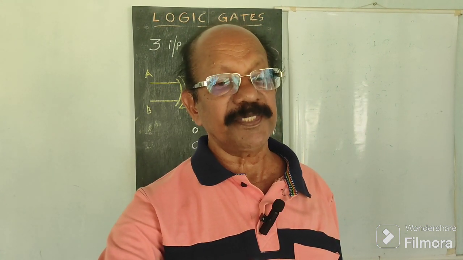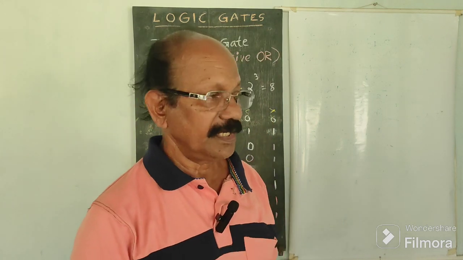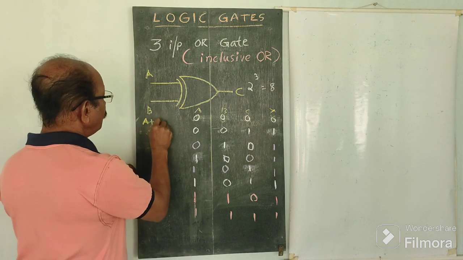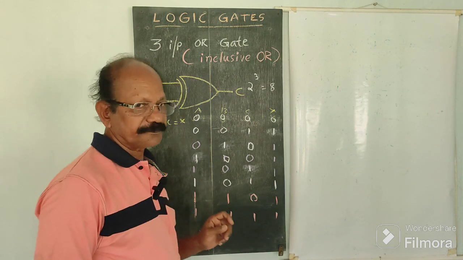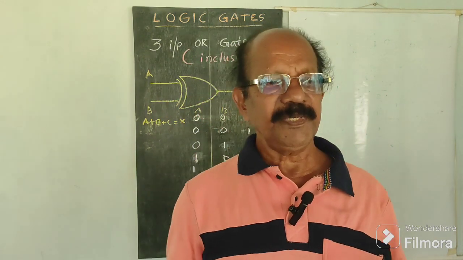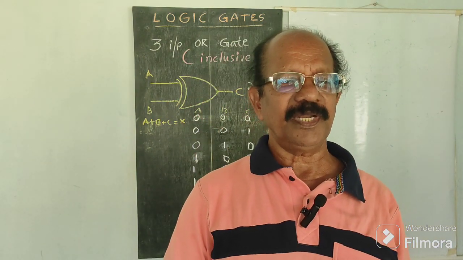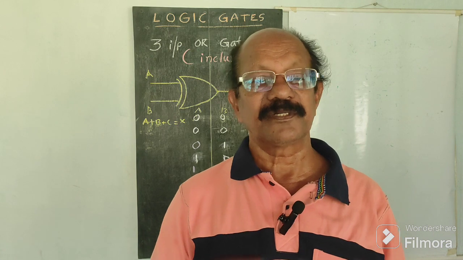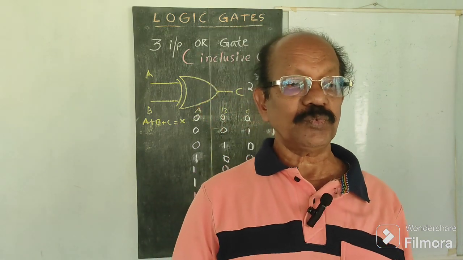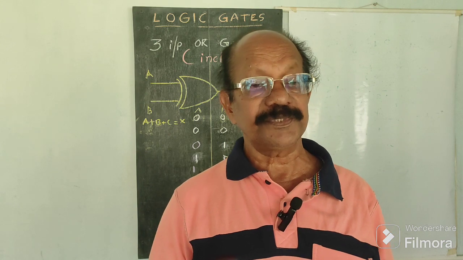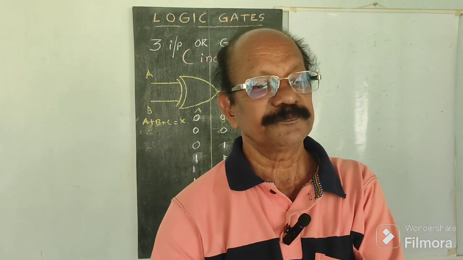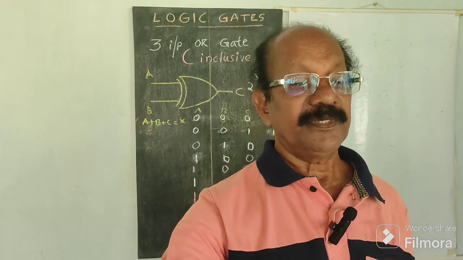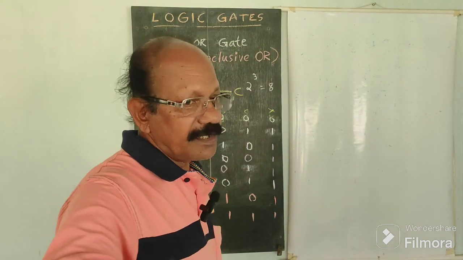The truth table is symbolized by the equation A or B or C is equal to X, which means that X is 1 when either A or B or C is 1, or all are 1. Alternatively, X is true when A or B or C is true, or all are true. Okay, this is the 3 input OR gate, and the symbol is shown here.